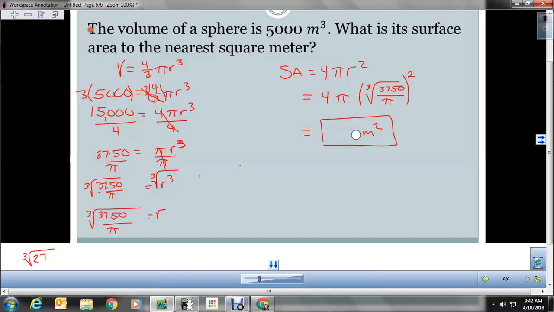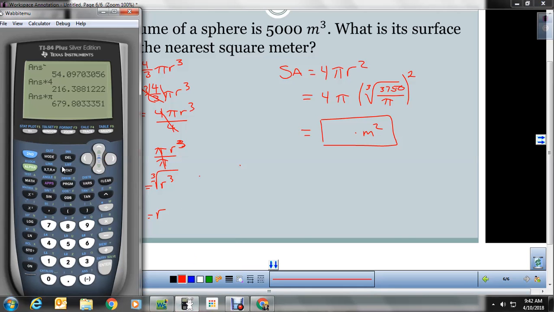So not a lot to change here, but just a little bit. So now, we'll still go back to our calculator, and do 3750. So go back to the cube root of 3750 divided by pi, and it gives us 10.6.